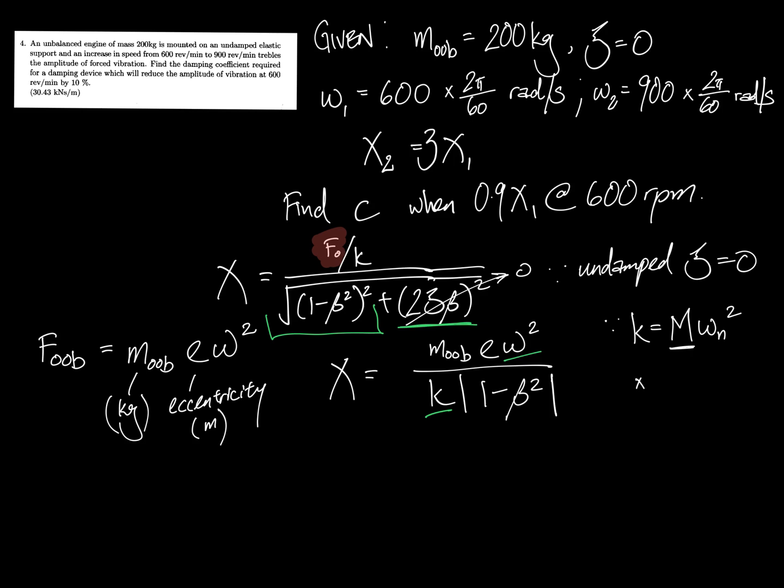mathematically I can multiply the whole equation by k over M omega n squared, because this whole term is going to be equal to 1. So I'm not changing the equation at all, and therefore here I can put E omega squared.